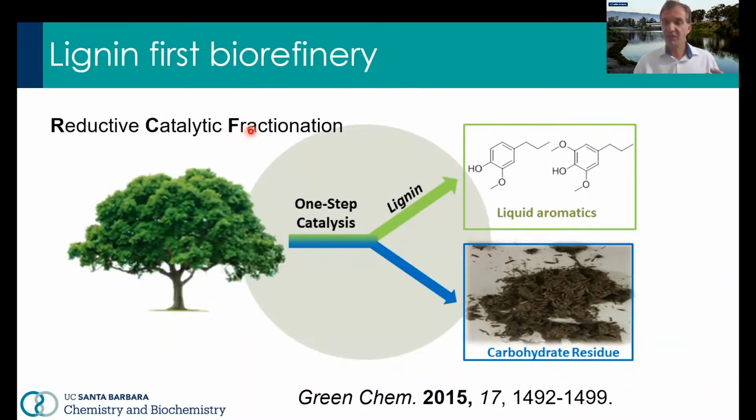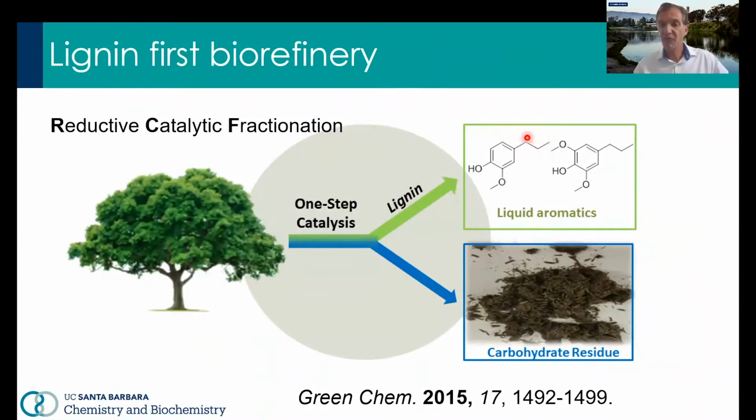The reductive fractionation of lignin has been known for a long time. Doing it catalytically and upfront while retaining a solid byproduct that's a delignified cellulose allows us to continue with the second generation concept of the biorefinery, meaning that the cellulose can be used for making biofuels, ethanol, and chemicals.